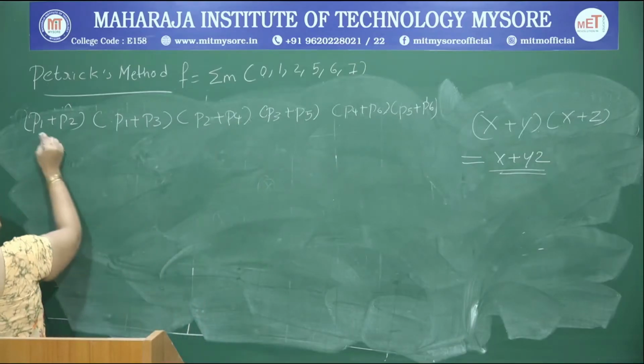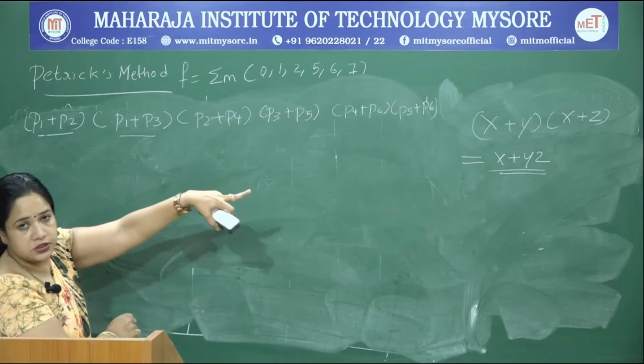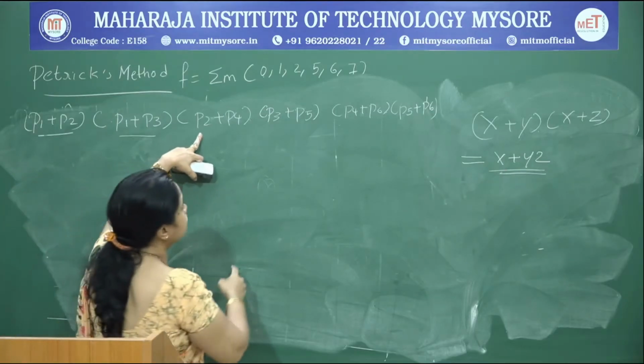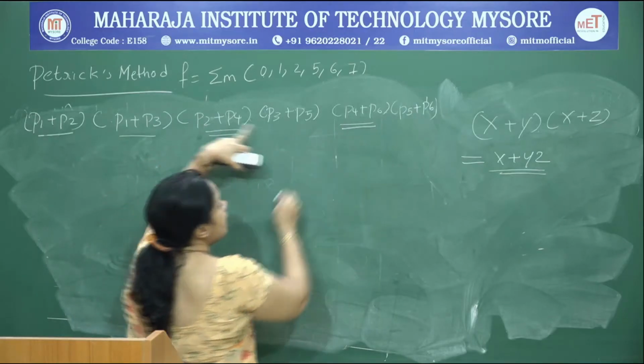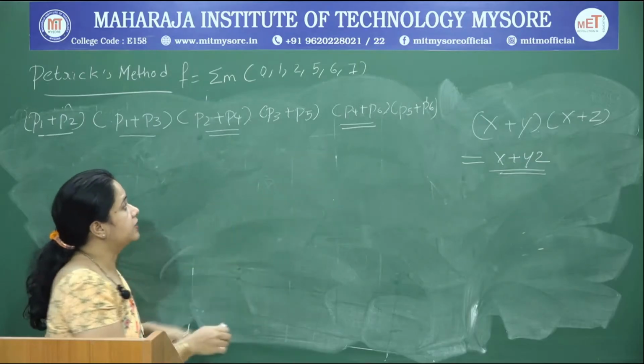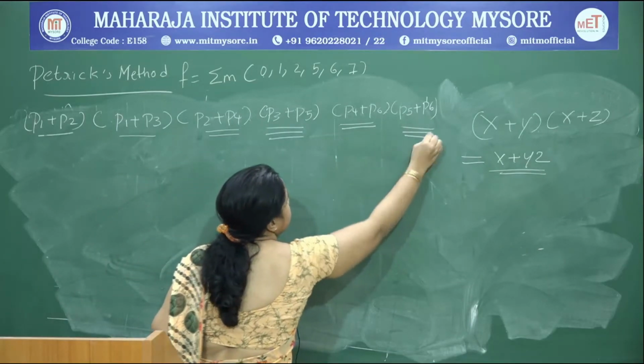So if you can see here, P1 is common, so I can apply the distributive law. When it comes to P2 plus P4 and P4 plus P6, P4 is common, so we can apply the distributive law, and here P5 is common, so we can apply the distributive law.